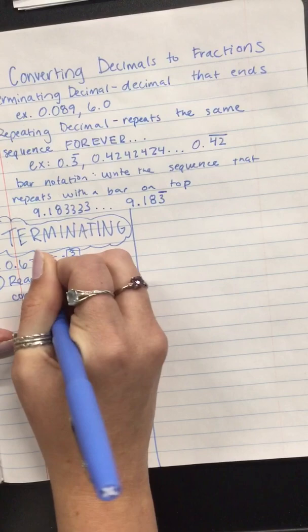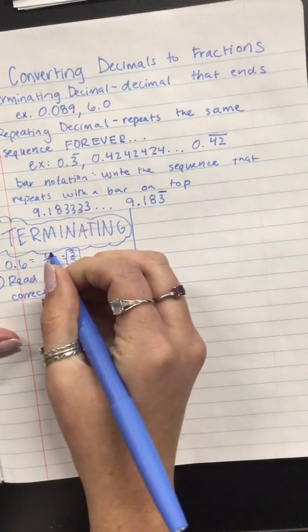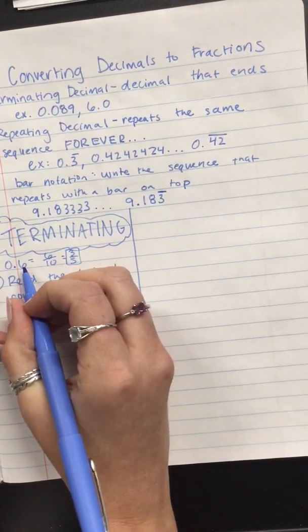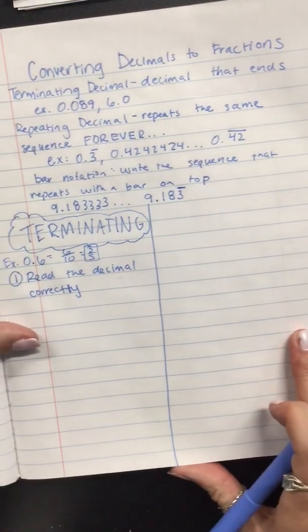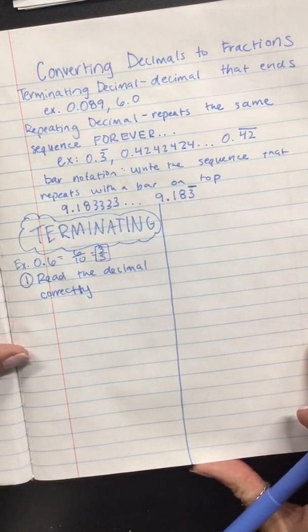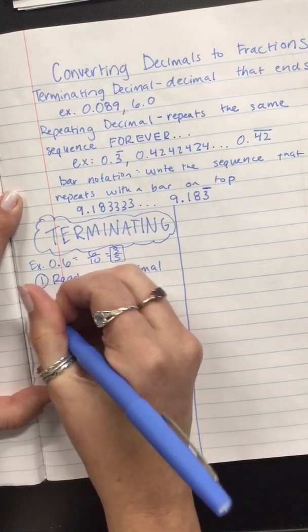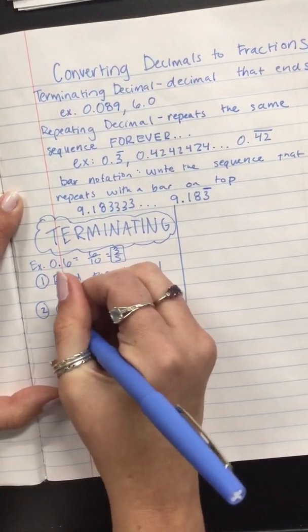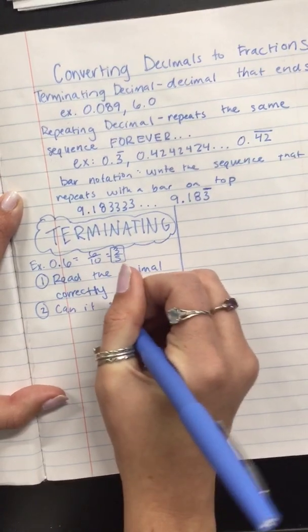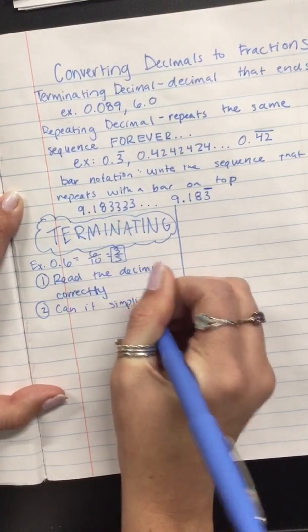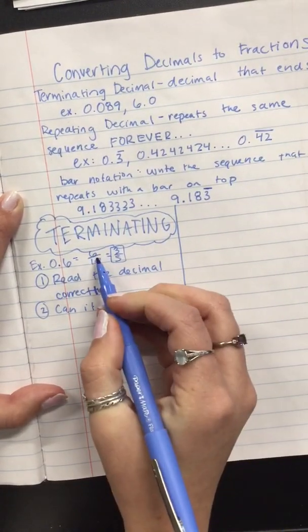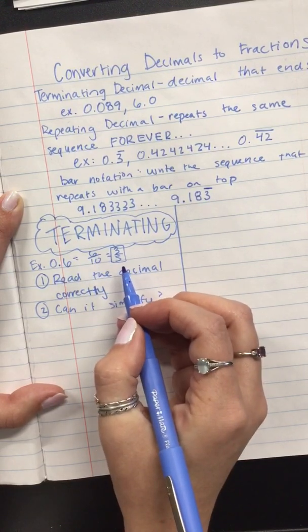So again, that should have been called 6/10 because I have one number after the decimal. So the first step is that we read the decimal correctly. Then number 2, we ask ourselves, can it simplify? In this case, it could. We went from 6/10 to 3/5.